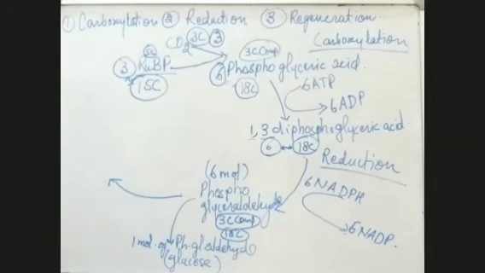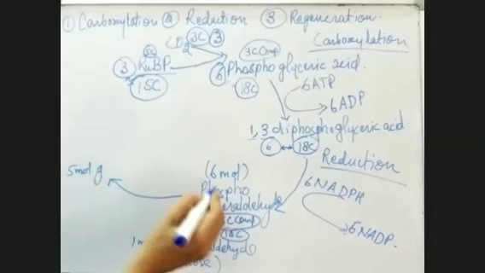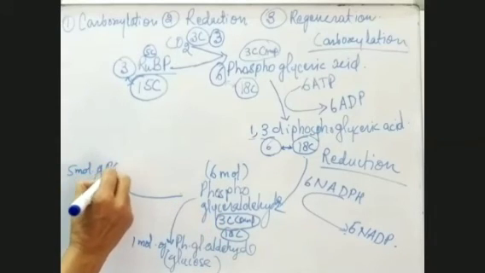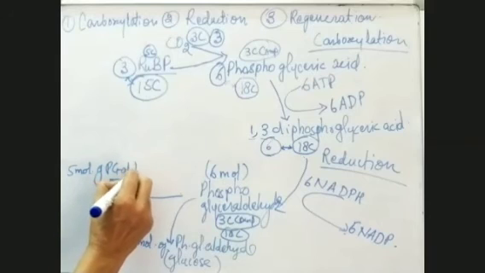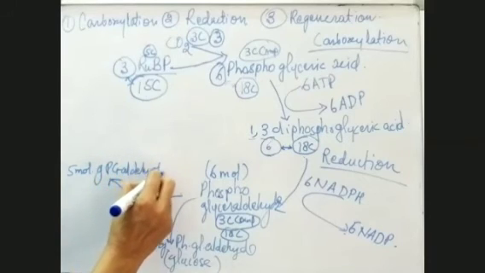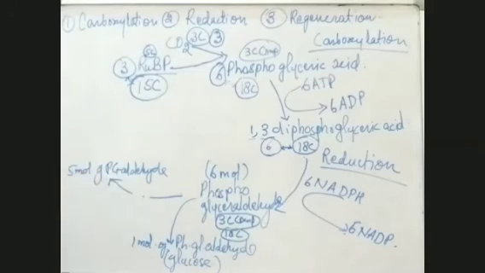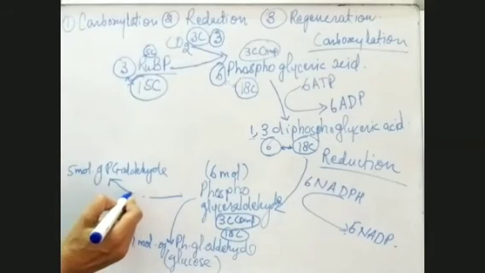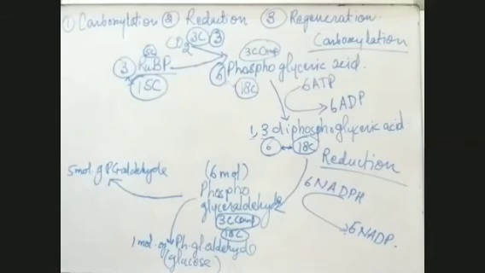So the remaining 5 molecules, now how many are left? 5 molecules of, I'm writing in short, PGA, PG aldehyde. Now there are 5 molecules of phosphoglyceraldehyde. Phosphoglyceraldehyde is a 3 carbon compound.